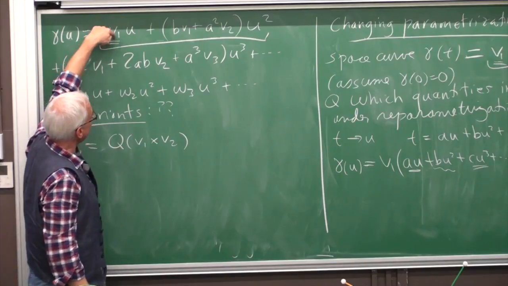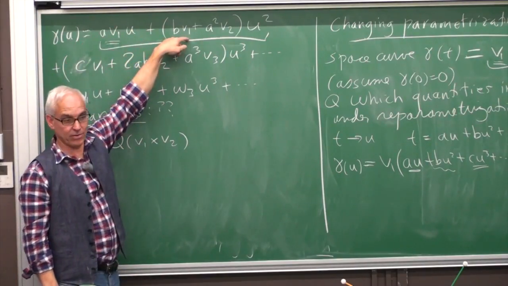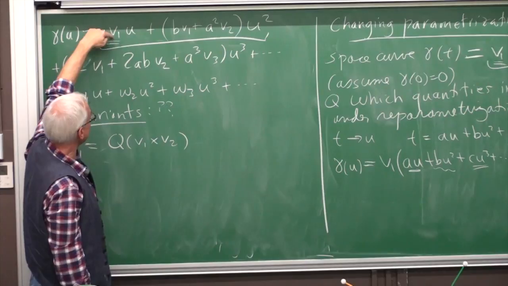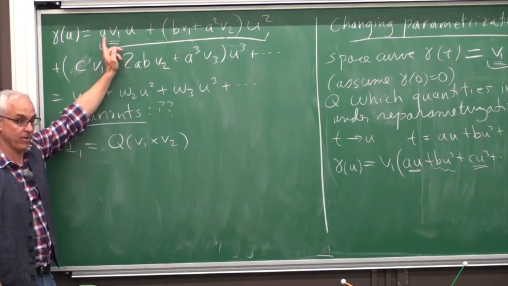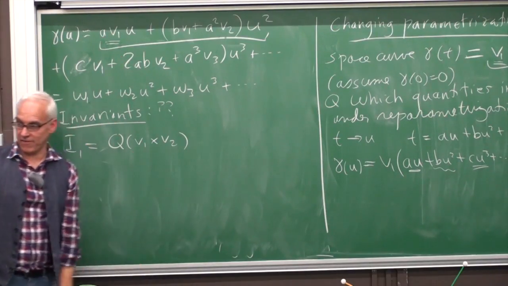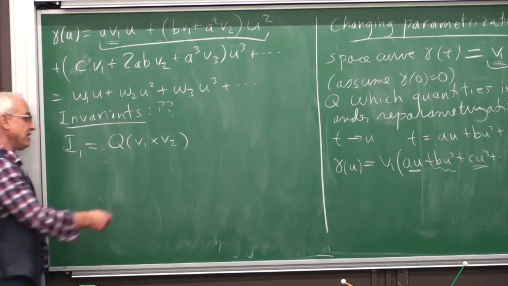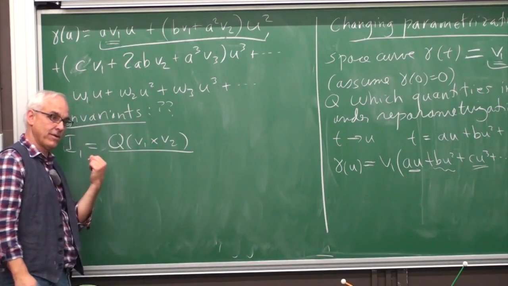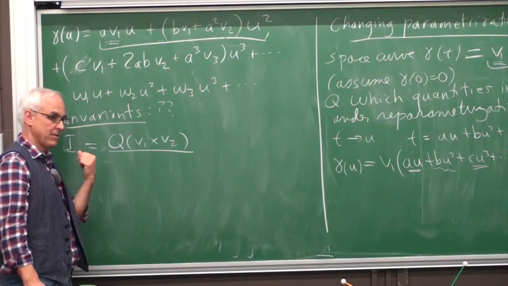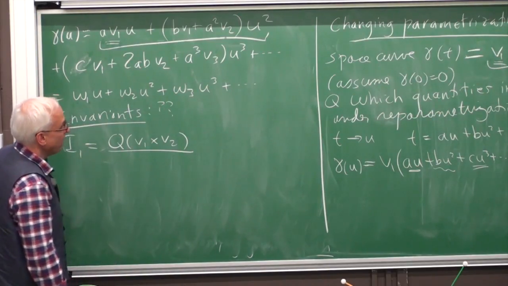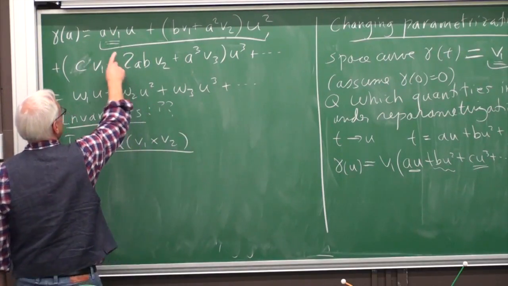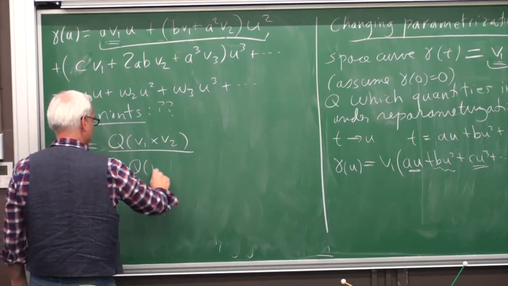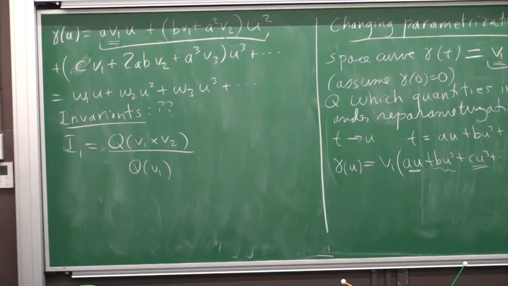Well, remember that the cross product of a vector with itself is 0. So what we're going to get is just the cross product between V1 and V2, but with an A cubed term in front. So if we take the quadrants of that vector, since we want a number, and we divide it by A cubed, then we'll be all right. What is A cubed? A cubed was the quadrants of V1.